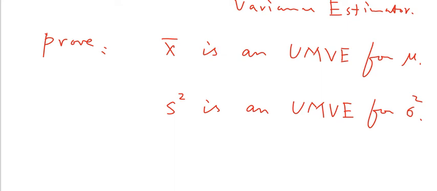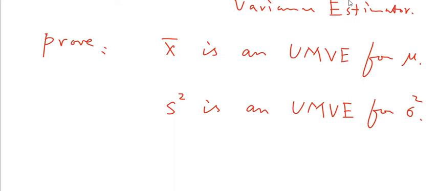But in general, this is not an easy question: how can we prove some estimate is the best estimate for a population parameter?